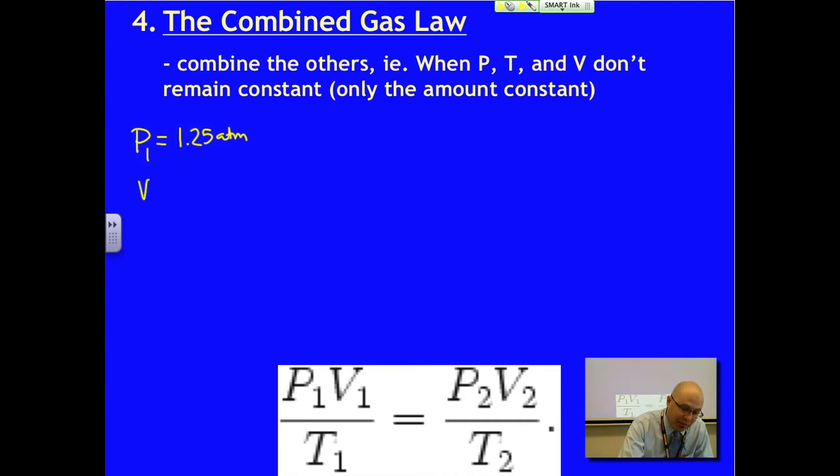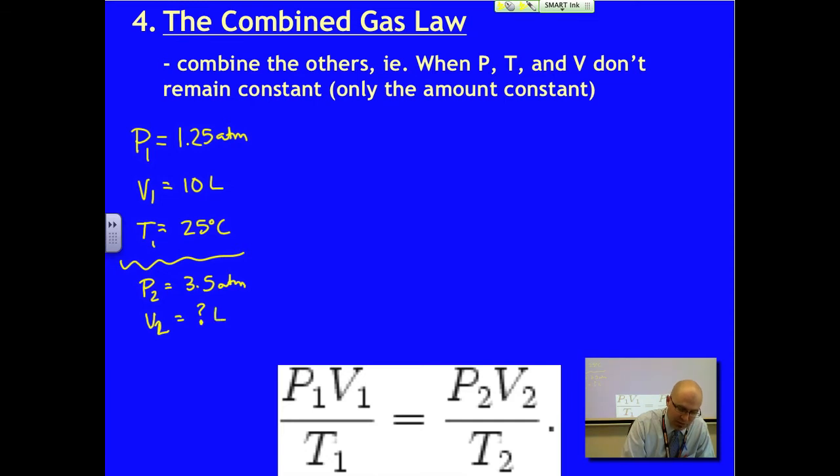He also notes that the volume is 10 liters and the temperature is 25 degrees Celsius. On Wednesday, the pressure has changed to 3.5 atmospheres. What is the new volume, in liters, if the temperature has changed to 50 degrees Celsius?